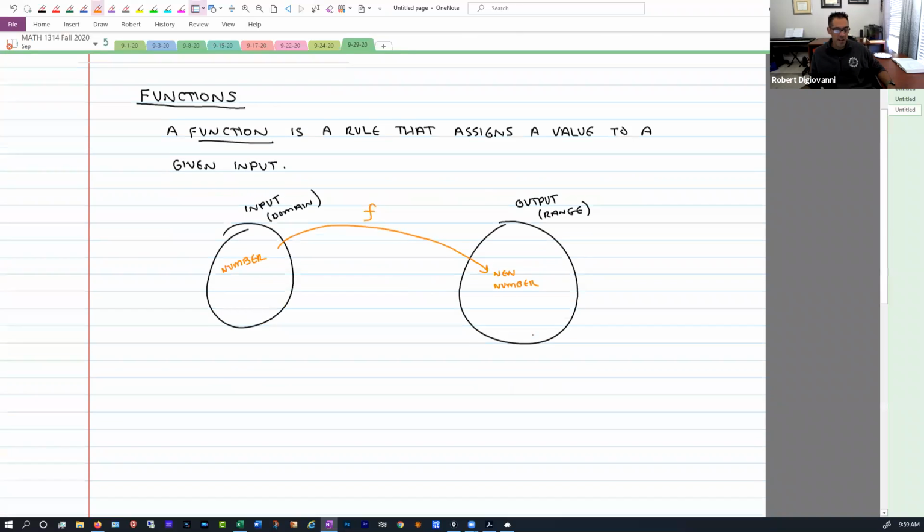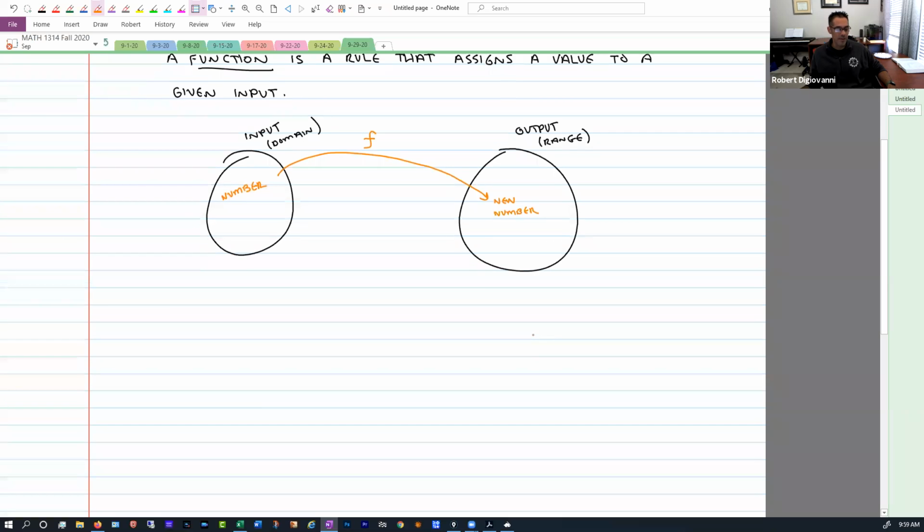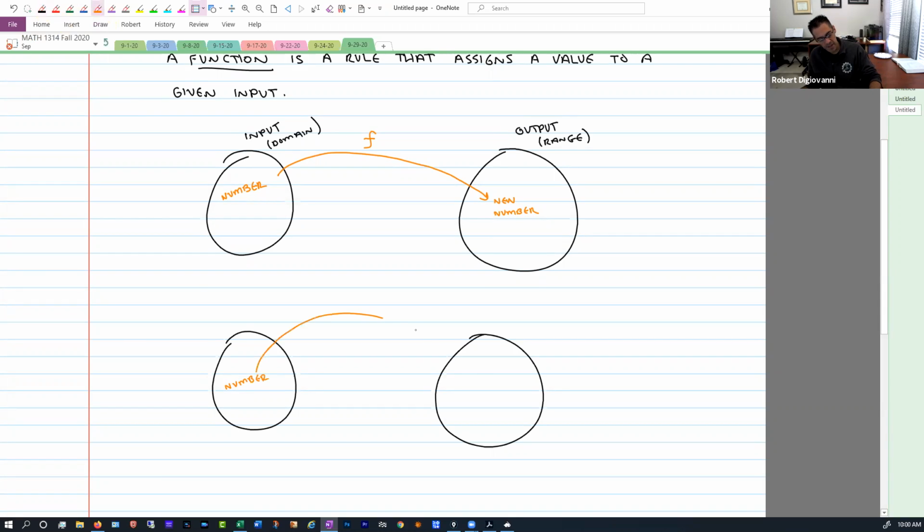Now, there's some things that functions can't do, and we have to be a little bit careful when it comes to functions. This one is good, but take a look at this picture. What if you have something that does this? You have a number. This thing takes it and actually spits it out to two different things.